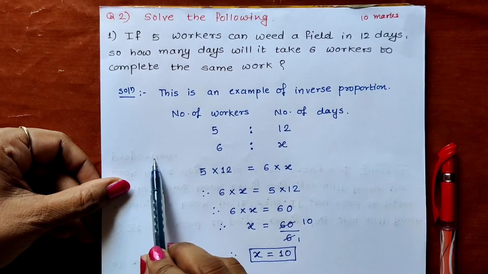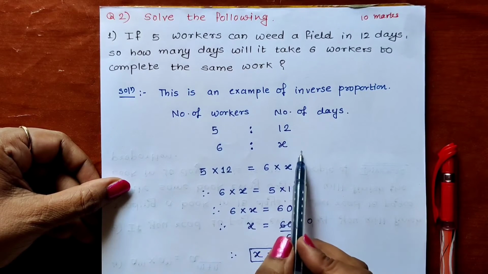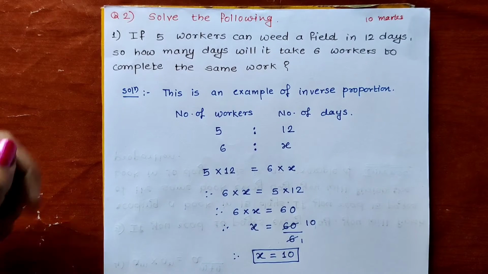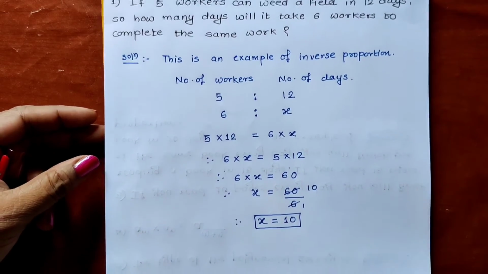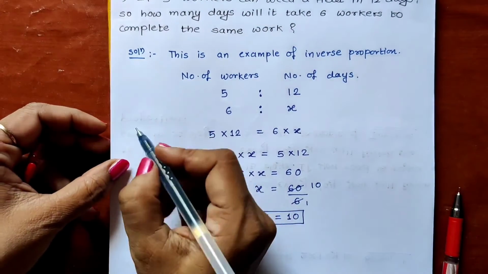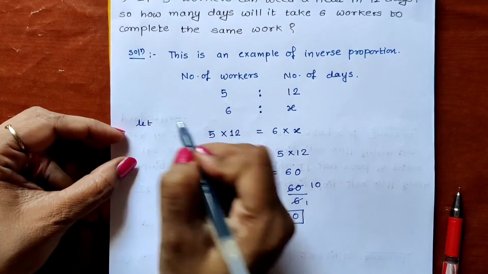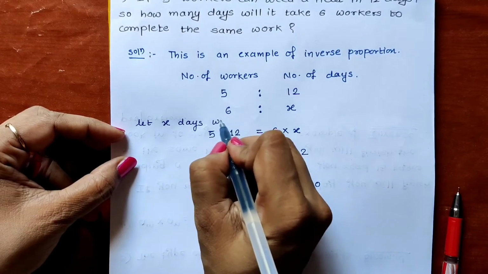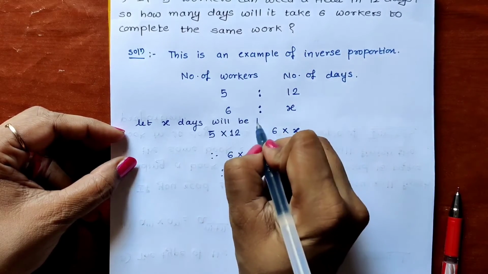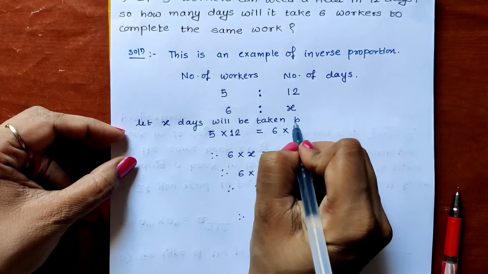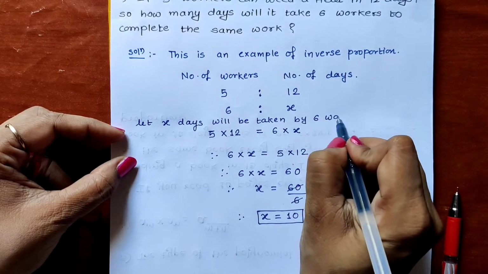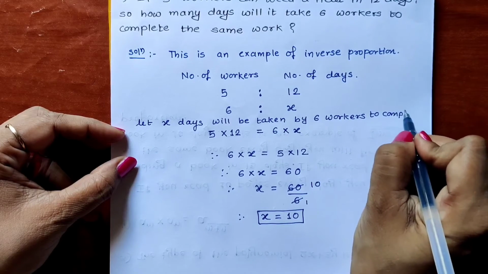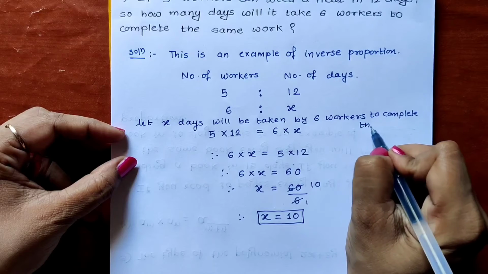If you want, here you can write: let X be the number of days taken by 6 workers, and then you can write the answer statement. So let us write the answer statement now. Here we can write, suppose that or let X days will be taken by 6 workers to complete the work.